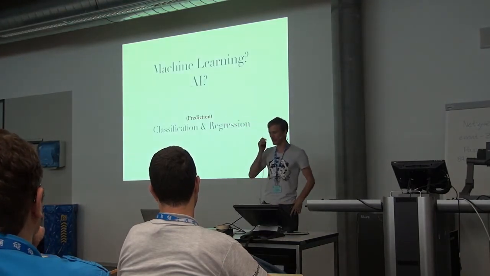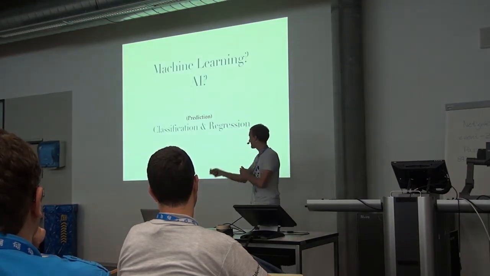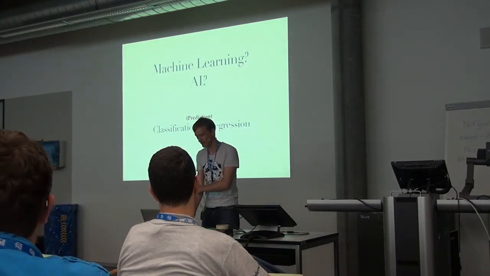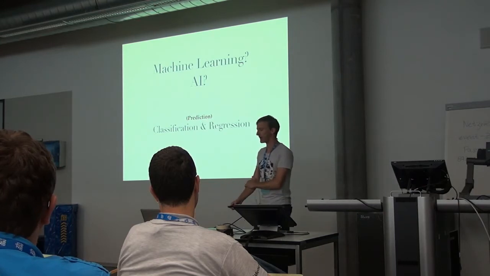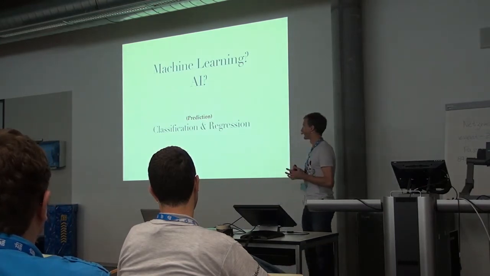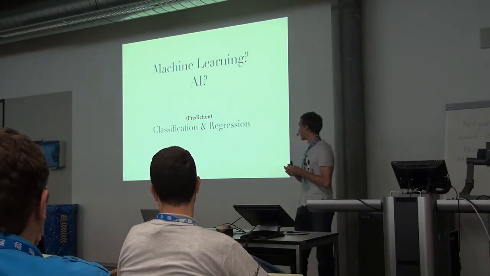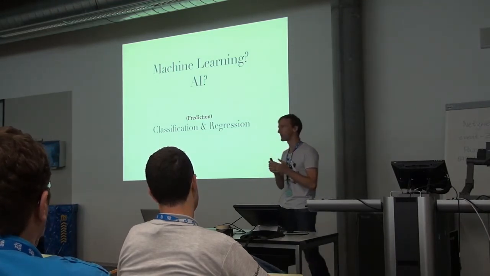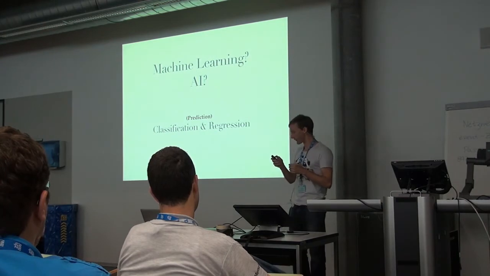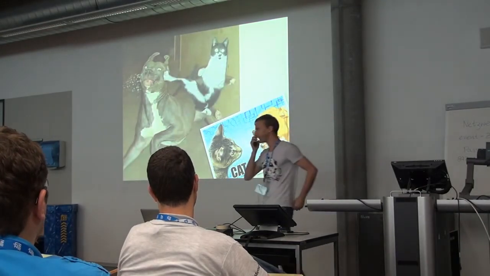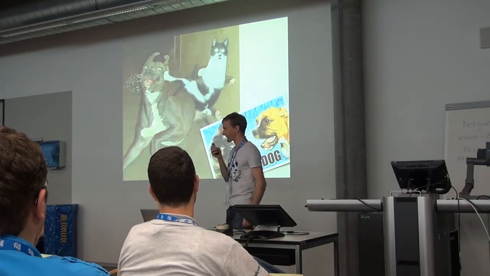So, machine learning and artificial intelligence. Everybody is talking about this at the moment, and people think it's very useful, of course, to solve the very important problems for humanity in this century. Mostly, for example, classifying pictures of dogs and cats. So that's what we're trying to do here.